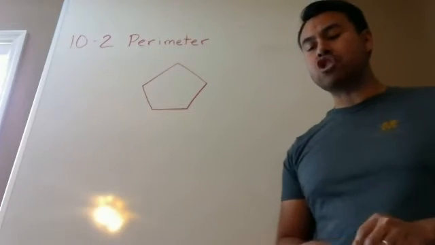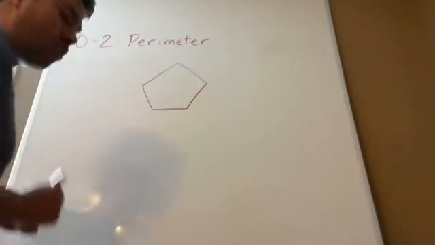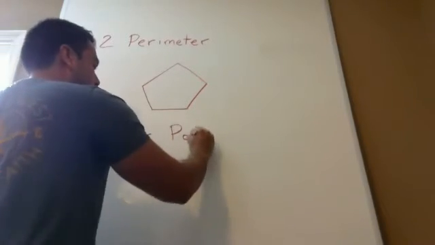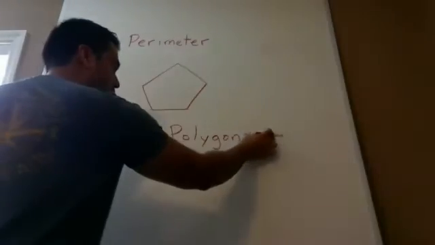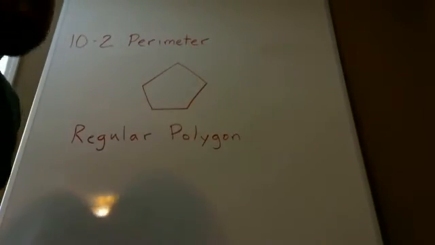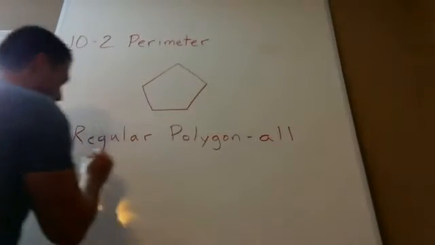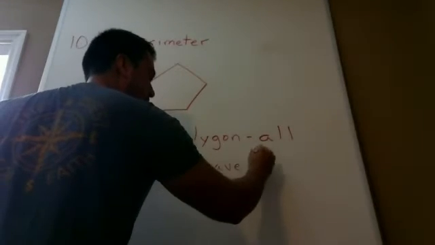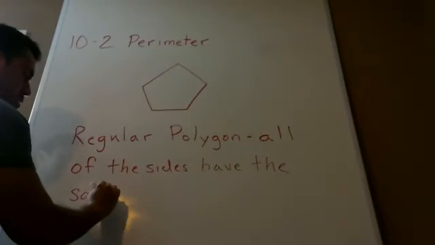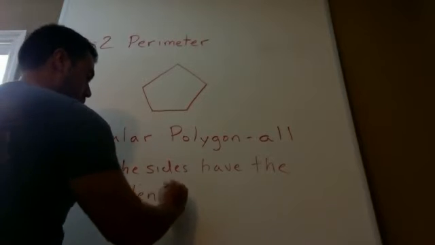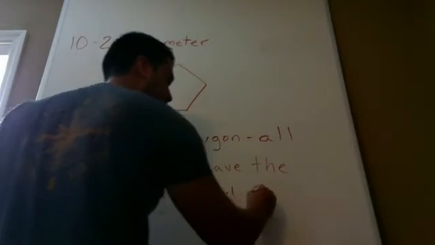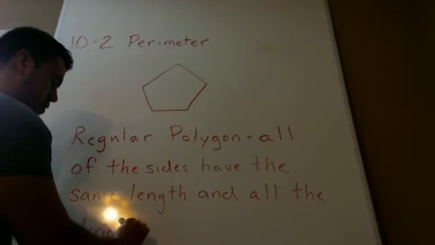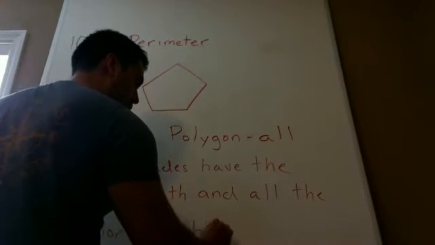So we're going to start finding the perimeter of these shapes, but we have to remember what the definition of a regular polygon is. So please write this down, what a regular polygon is, because this is the whole basis of today's lesson. A regular polygon: all of the sides have the same length, and all the interior angles have the same measure.